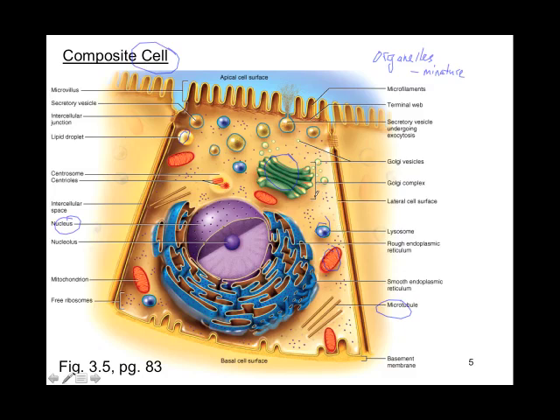So if we were to list the basic components of a cell, this is what we would find. We'd have the plasma membrane, or cell membrane. We would have what we call the intracellular fluid, which is the cytosol. We would have the cytoskeleton, and this is a series of proteins that is very important to the structure and shape of the cell.